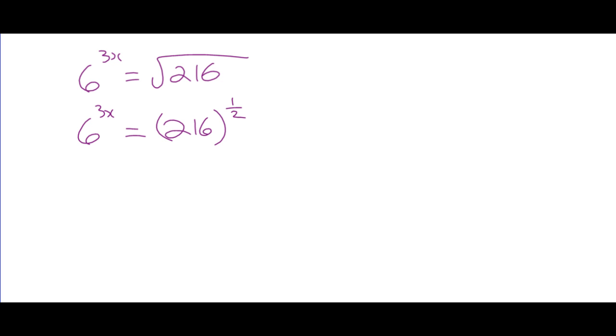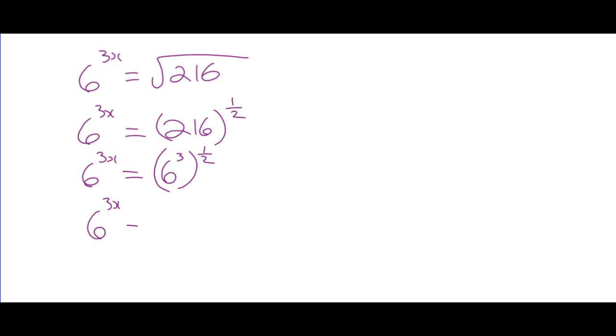So all you do is sit there, you just go 6 squared, 36. 6 cubed, 216. Good enough, that's what I want, right? Okay, so we take the square root. Square root is a radical. The radical expressed as an exponent is the power of 1/2. We then write 216 as 6 cubed. We then do 6 cubed to the 1/2. What's that equal to?